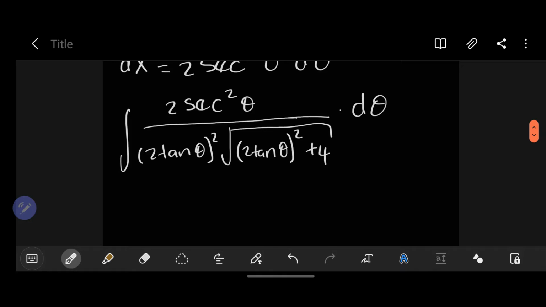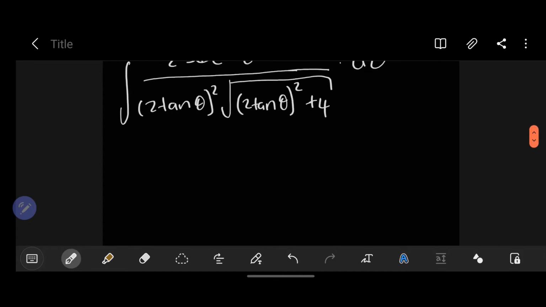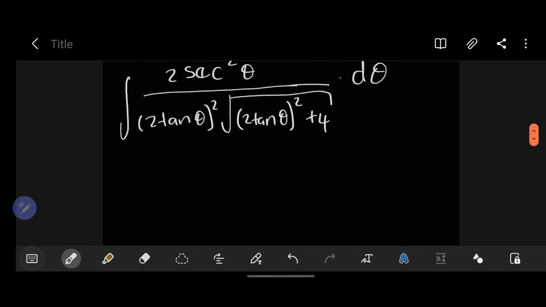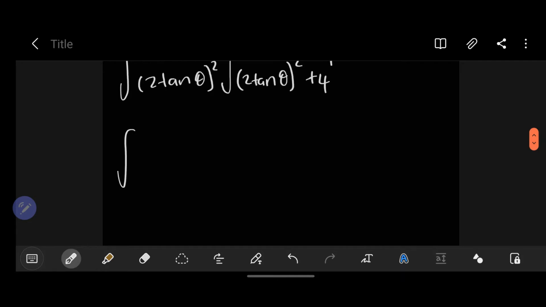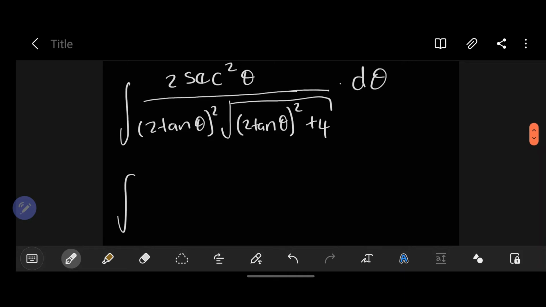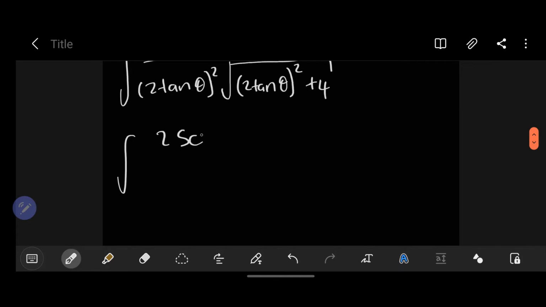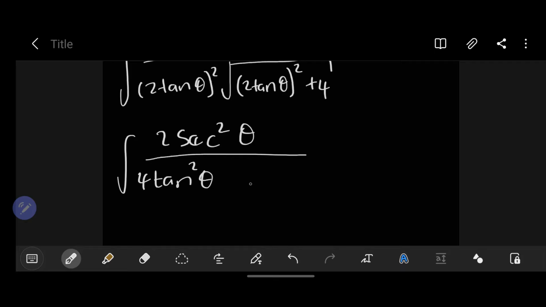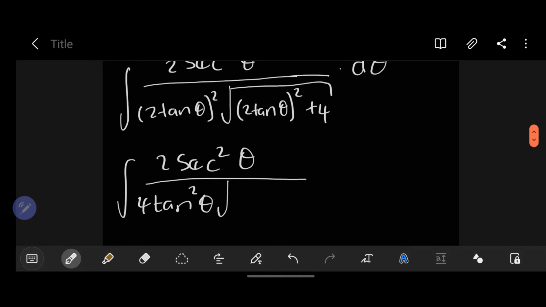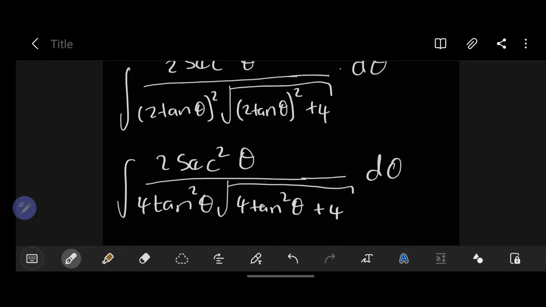Let me just simplify everything at the bottom. So 2 secant squared theta. In simplifying everything, I have 4 tan squared theta, and then the square root of 4 tan squared theta plus 4, d theta.